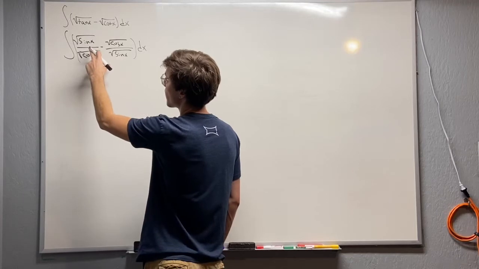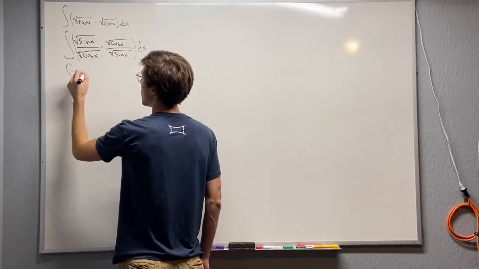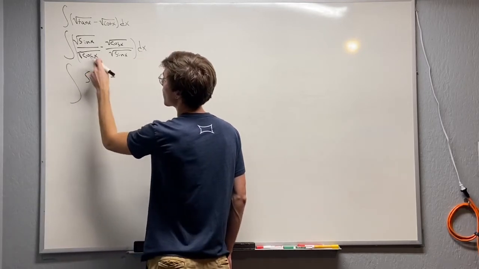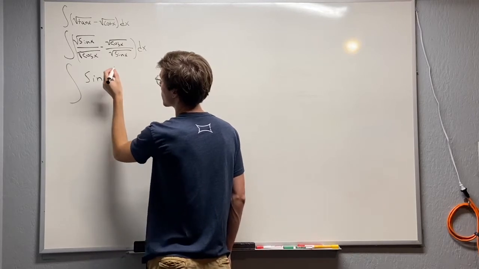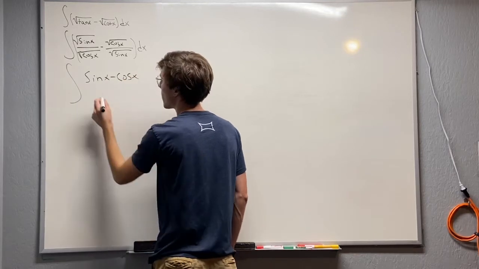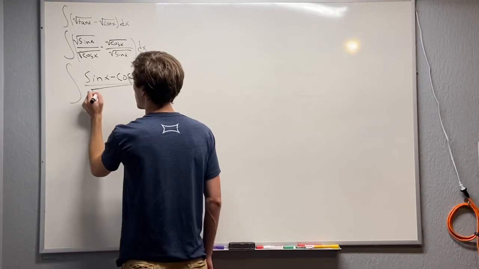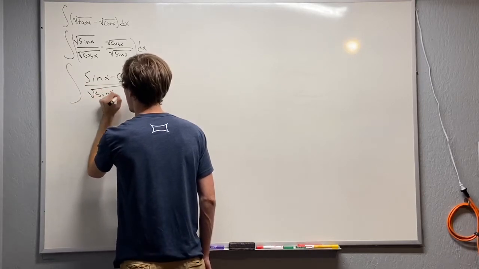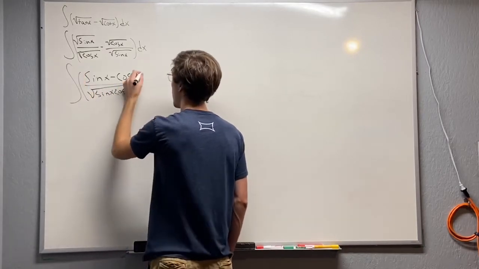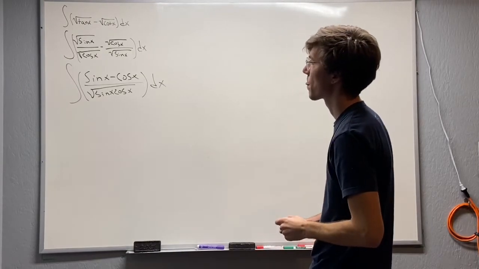So the square root of the sine of x times the square root of the sine of x is going to be the sine of x, minus the cosine of x, which is the square root times the square root of cosine of x. And that's all going to be over the square root of the sine of x times the cosine of x. And all of that is going to be dx.